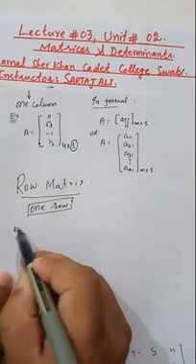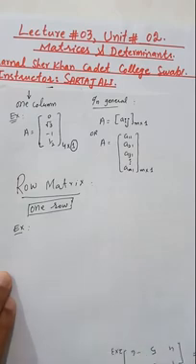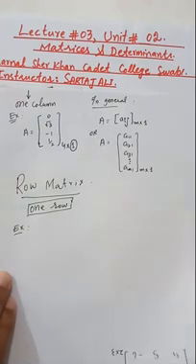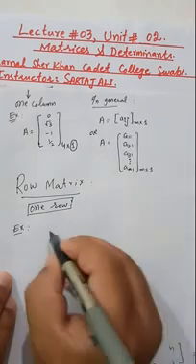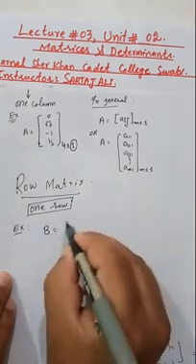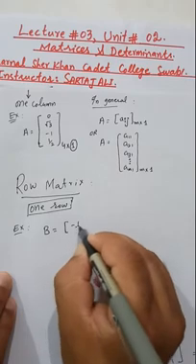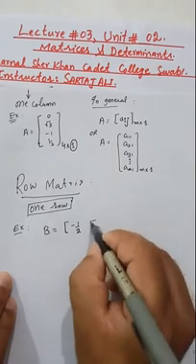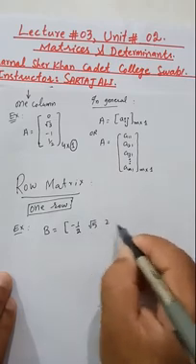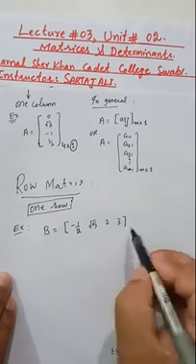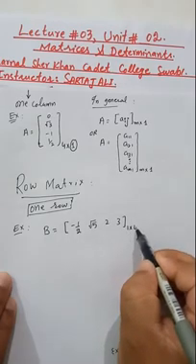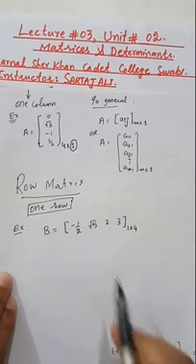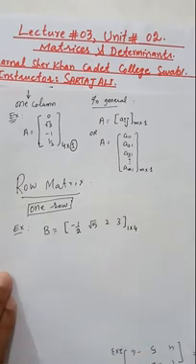For example, let's say B is a matrix and the elements of that matrix are arranged in a single row. You see that there is only one row and four columns. That's why this matrix is a row matrix, because it contains a single row.